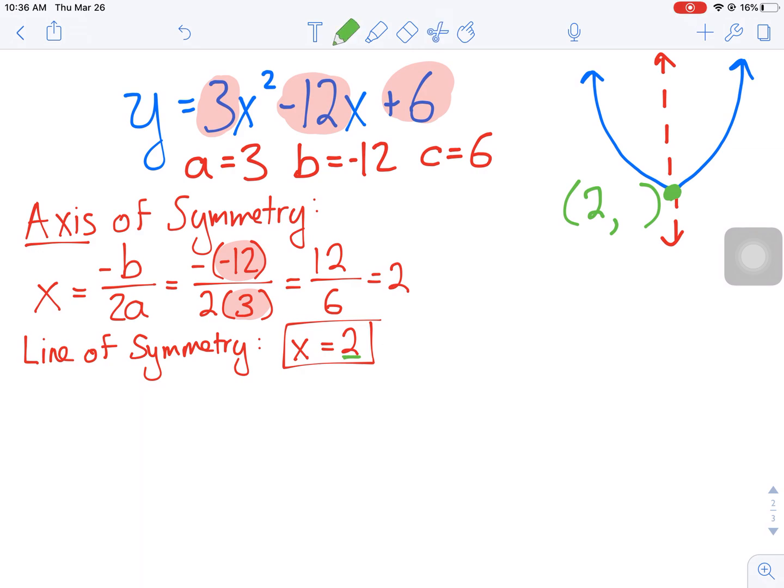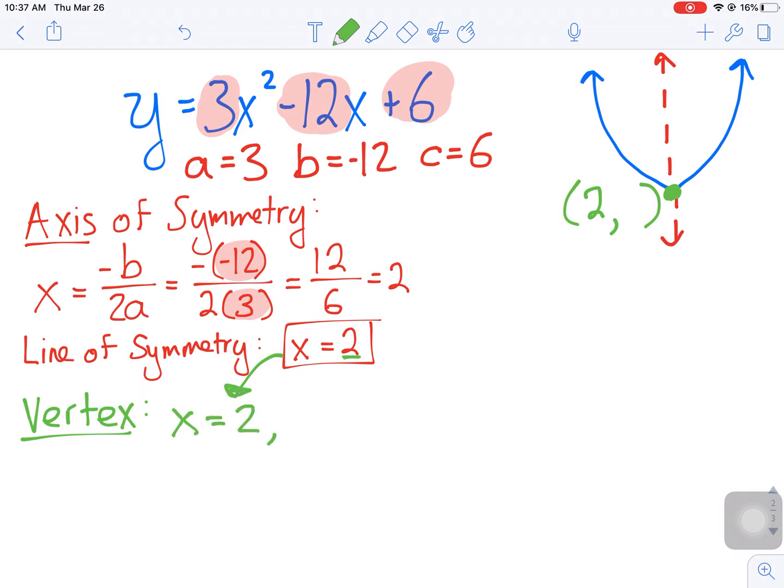So the last step, and I'll draw this in green in the bottom left-hand corner, is we need to find our vertex. And we're going to use x equals 2 to help us find y.